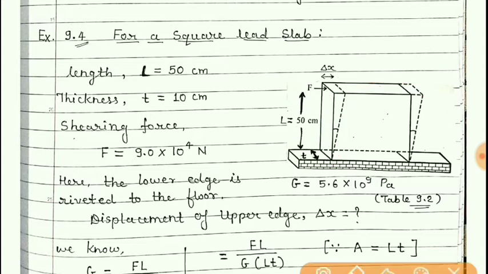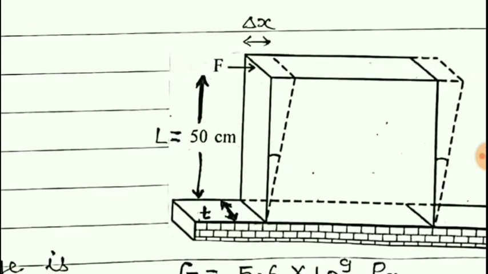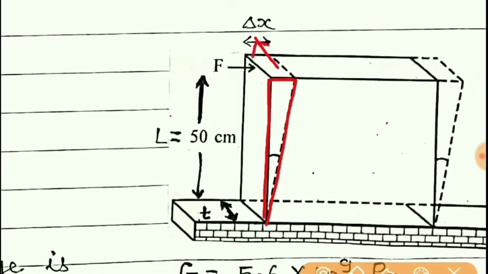Earlier this line was here, this is the initial condition, but after applying the force, this line will shift by this much distance, that is delta x. So some angle is formed here.